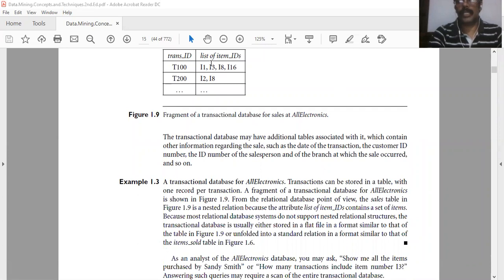In our example transactional database, one record per transaction is stored in the transaction table.